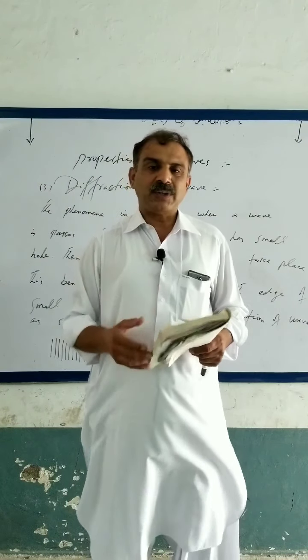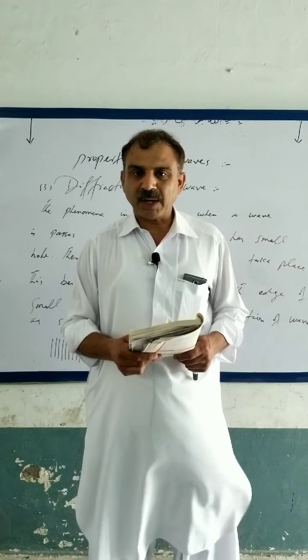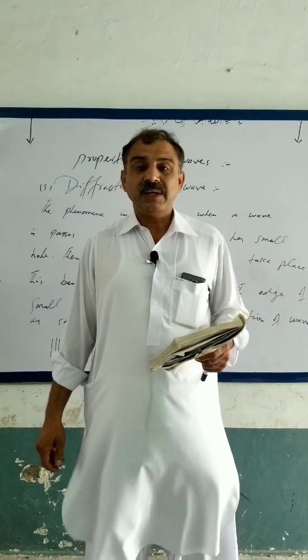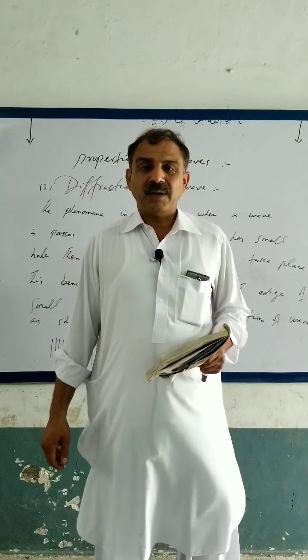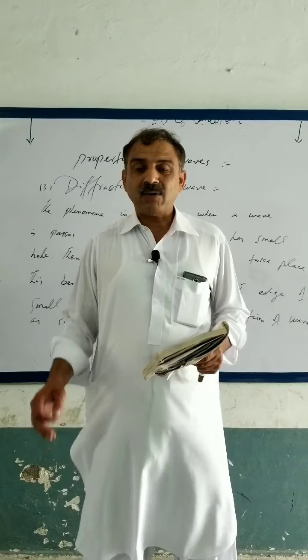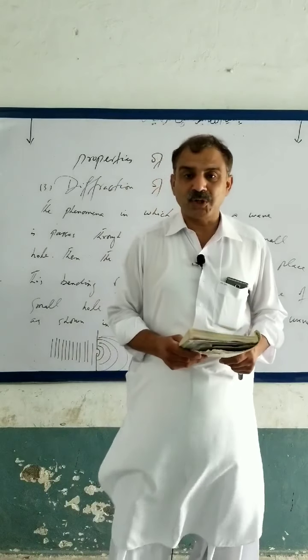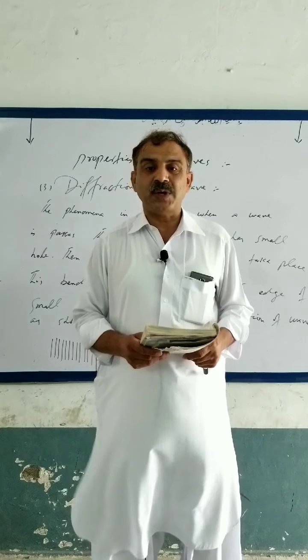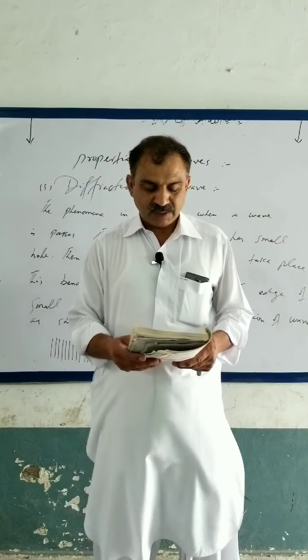So mass attached with the spring shows simple harmonic motion. It also represents oscillatory motion. Similarly, mass attached with the string, that is a pendulum, also shows simple harmonic motion because it satisfies the equation a proportional to minus x, as I discussed earlier.